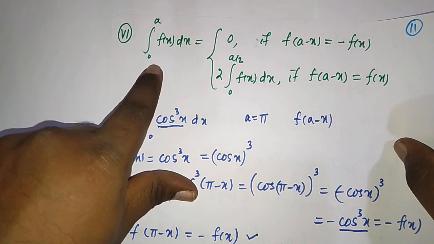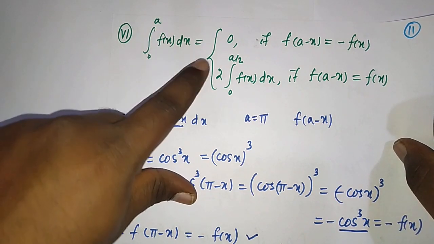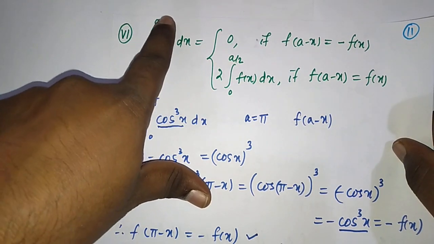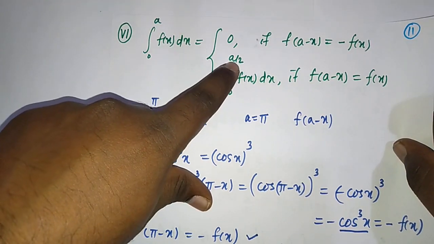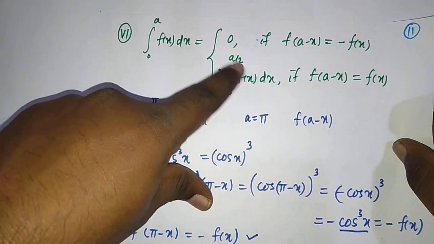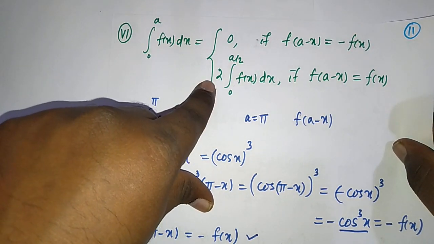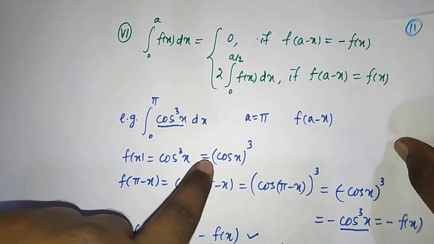If it satisfies the second condition, we write the function the same, but the limit 0 to a will become 0 to a by 2. Here the upper limit will be divided by 2, and 2 will be multiplied in front of the integration.